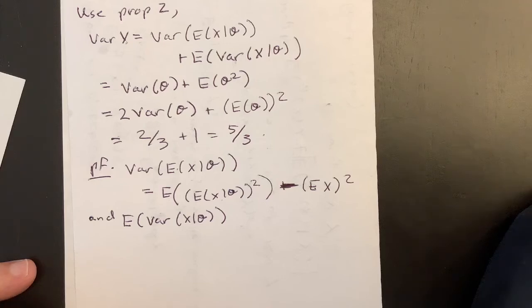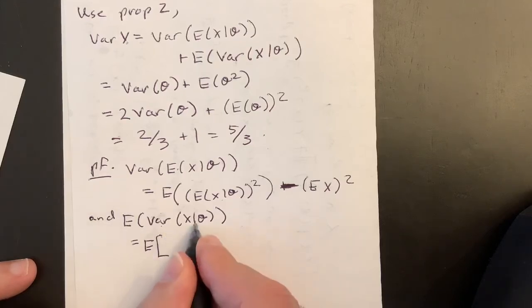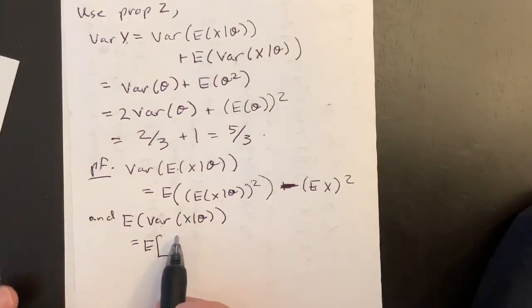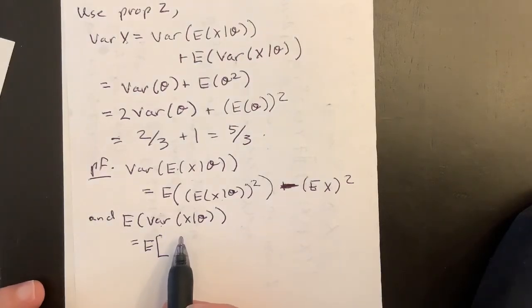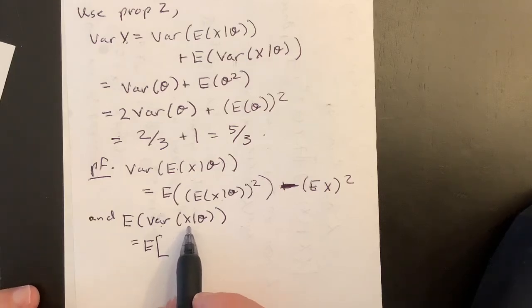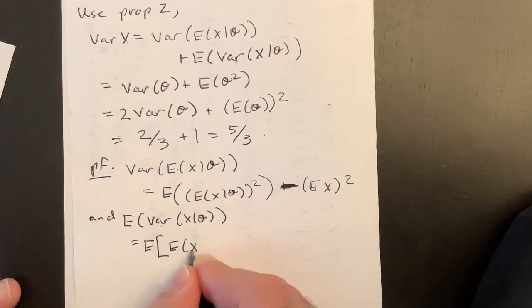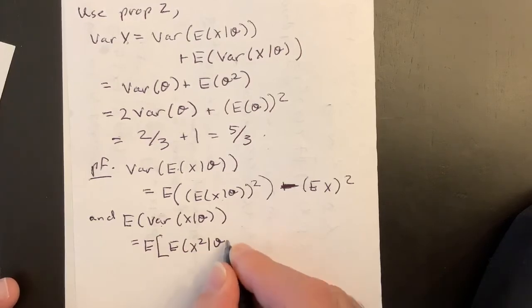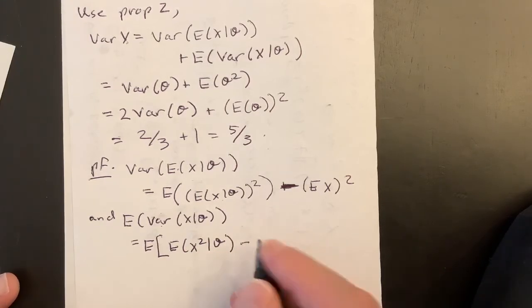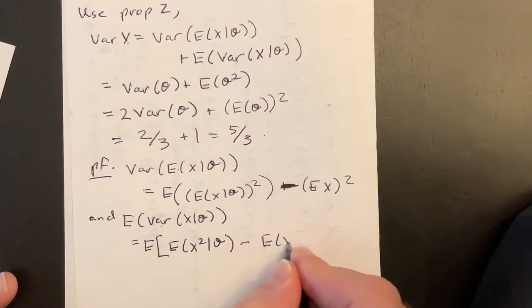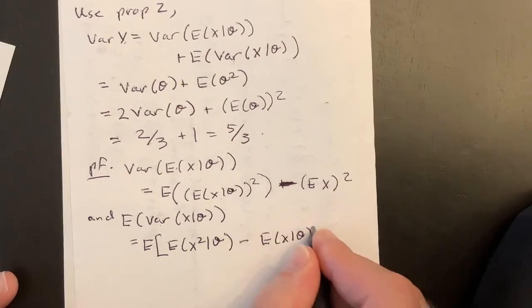The thing to do here is, again, expand out what variance of x given theta is. Variance of x given theta is e of x squared given theta, minus e of x given theta all squared.